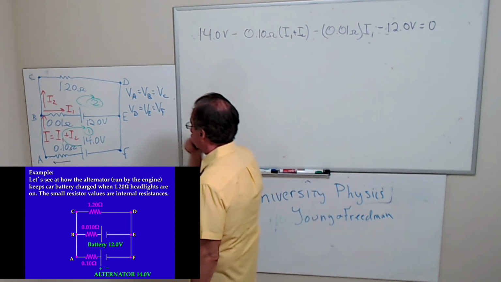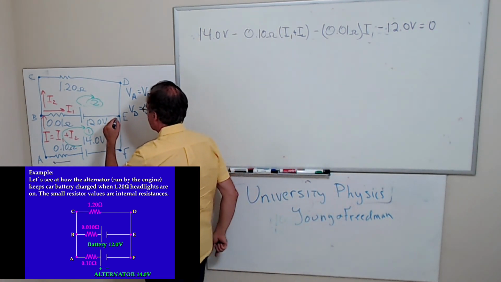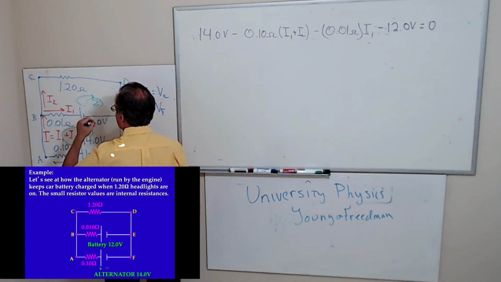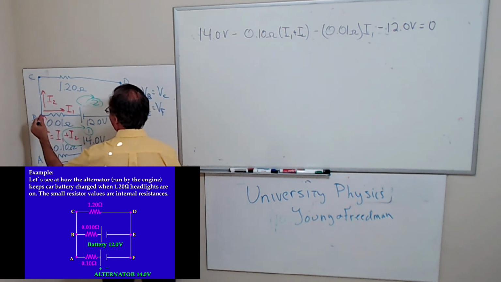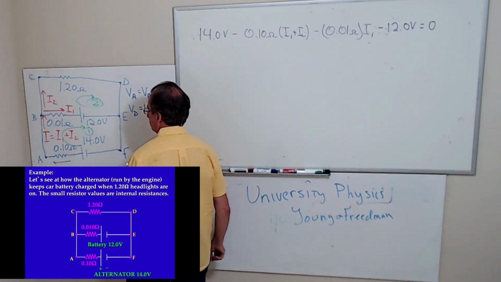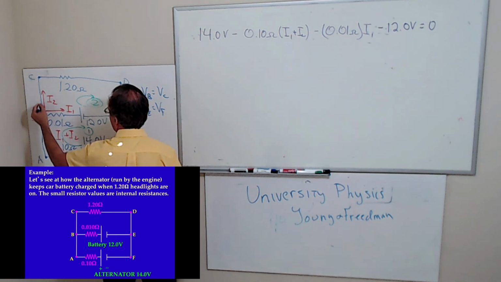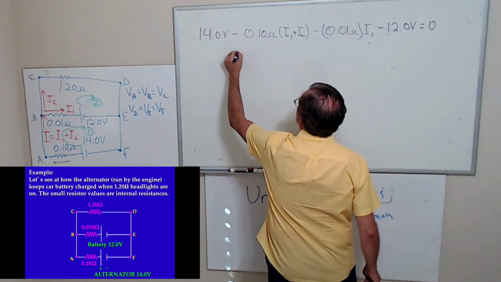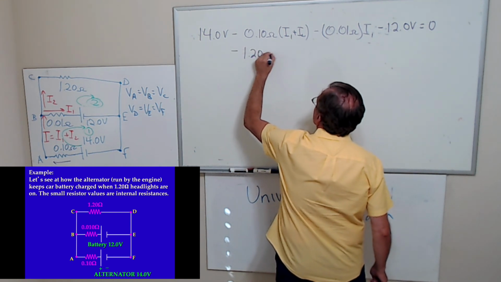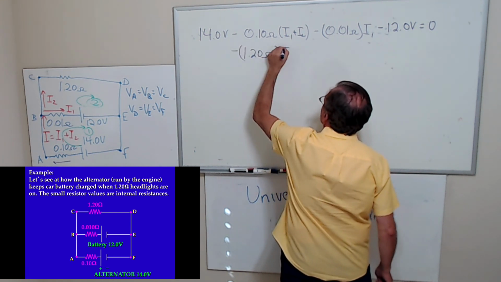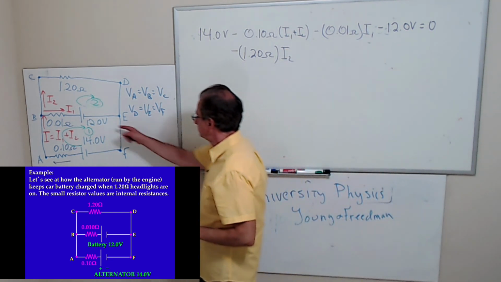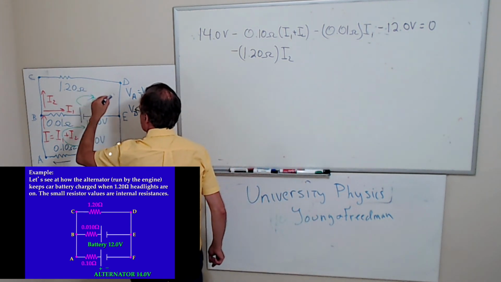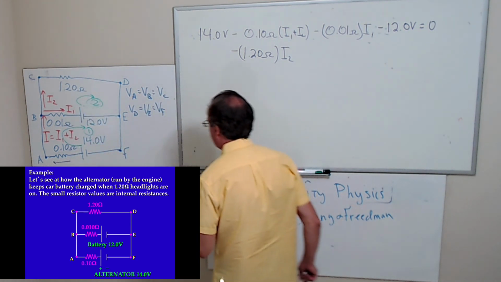Then the top loop, I'll start here and go around. Actually, let me start here and go around, because I want to put the 12 volts on the other side there. If I start here and go around, I'm going in the direction of I2. Then I reach the battery, and if I go this way, I'm going to get a gain.